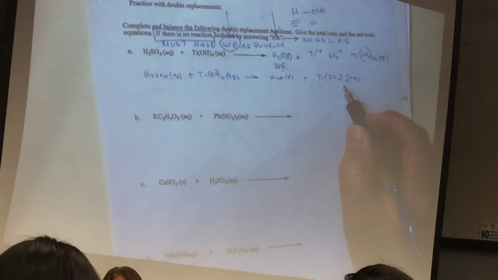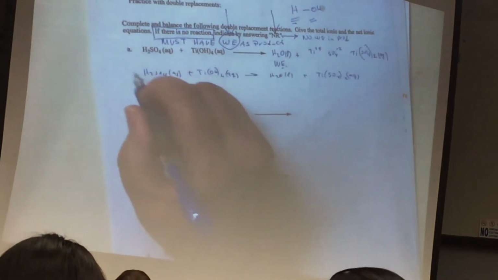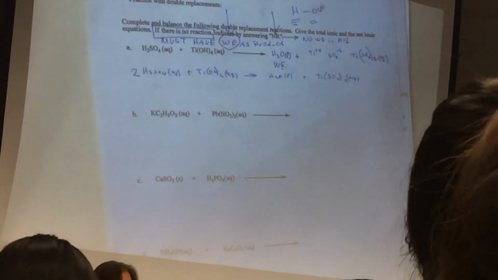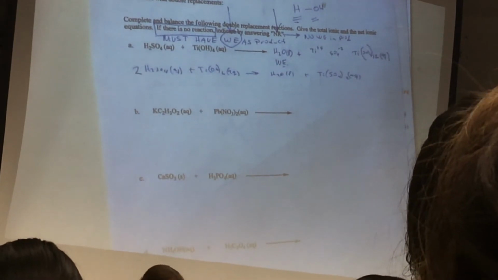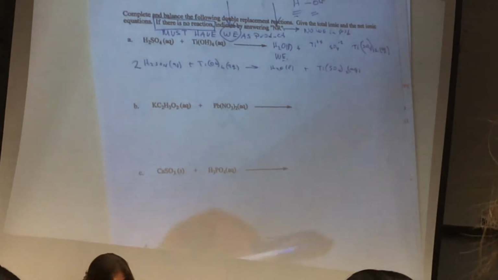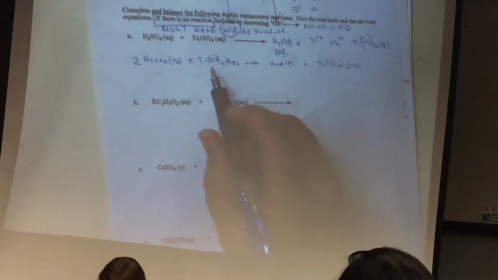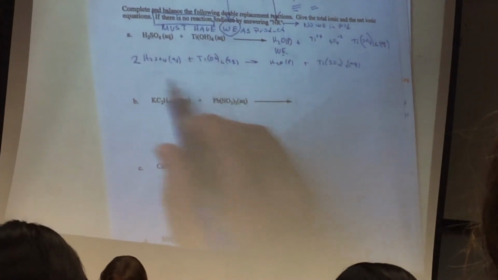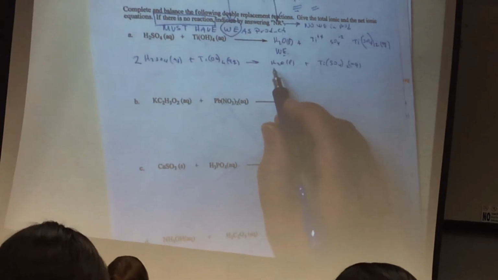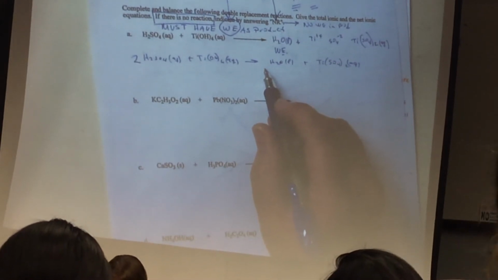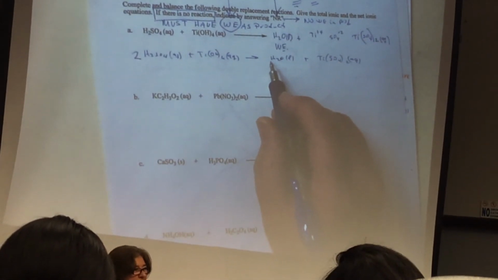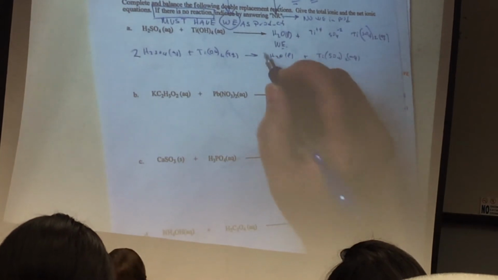How many sulfates are here? Two. That makes me put a 2 there. We good? Okay. So what do I do now? If I put what? A 2 or a 4?